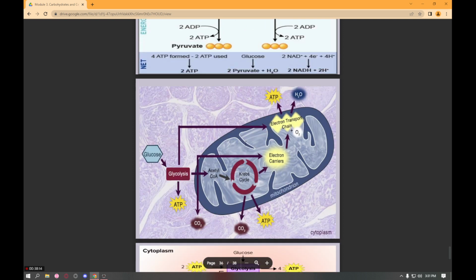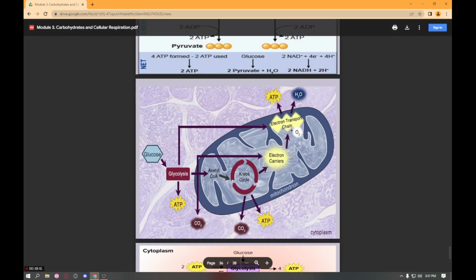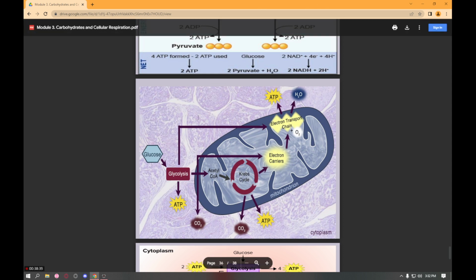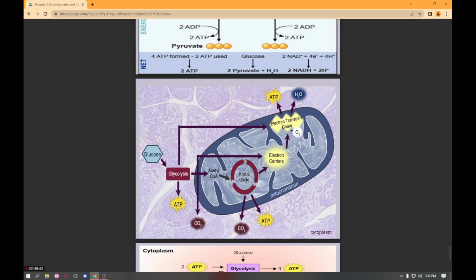Okay, hindi siya masyadong naintindihan, medyo magulo ha, class ha. So, with your glycolysis sa labas, these pyruvic acids are combined with oxygen as they enter into the mitochondria, and it forms an acetyl-CoA. Then the second stage of cellular respiration happens.